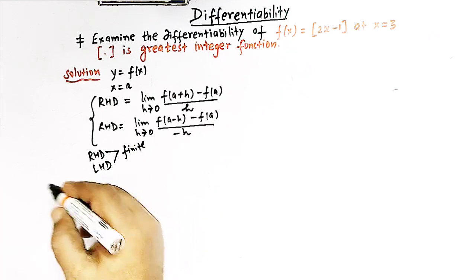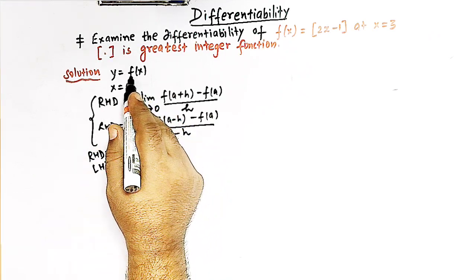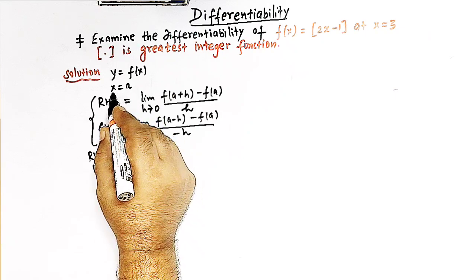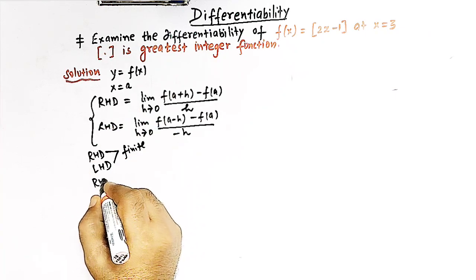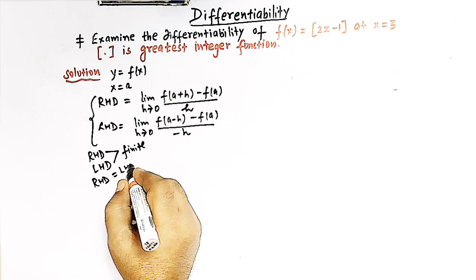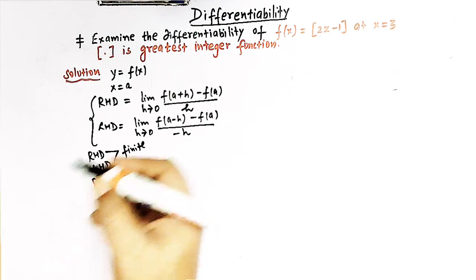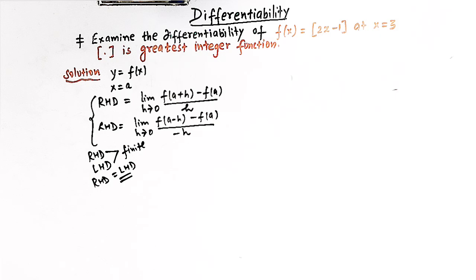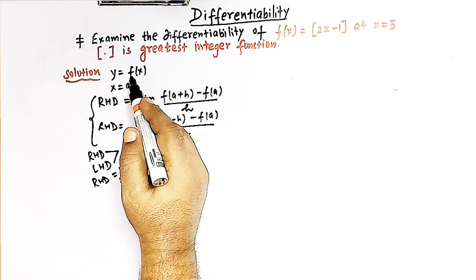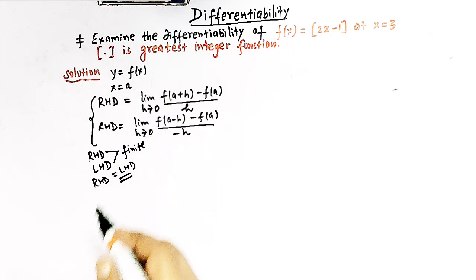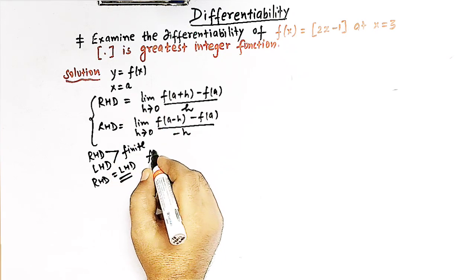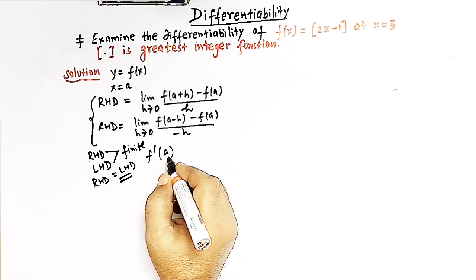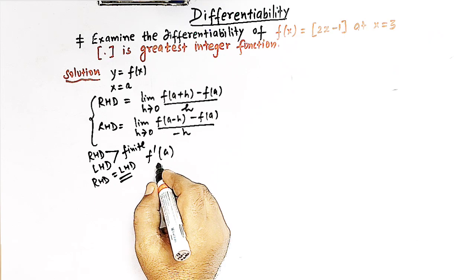And moreover, if the derivative of the function f of x exists at this point x is equal to a, then the right hand derivative must be equal to the left hand derivative. And in that case we claim that the function f of x is differentiable at this point x is equal to a, and the derivative f prime of a exists, right?